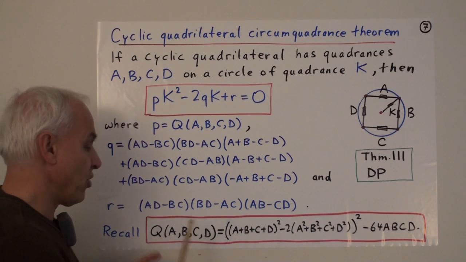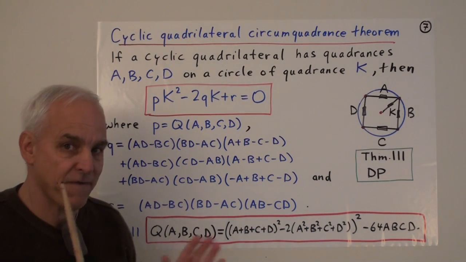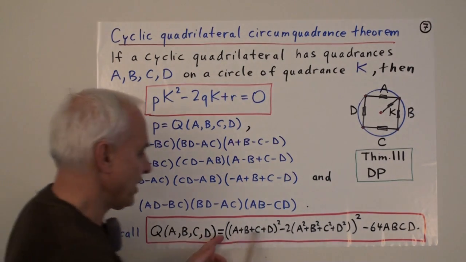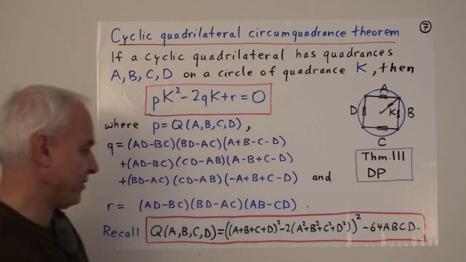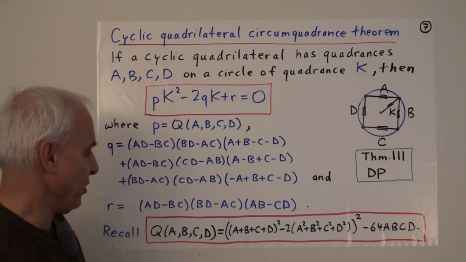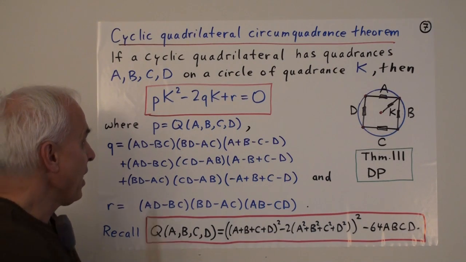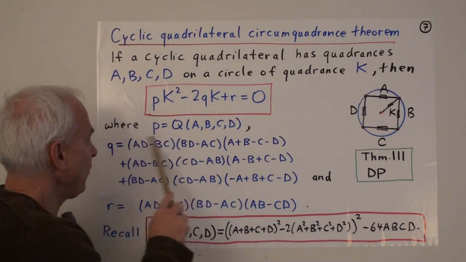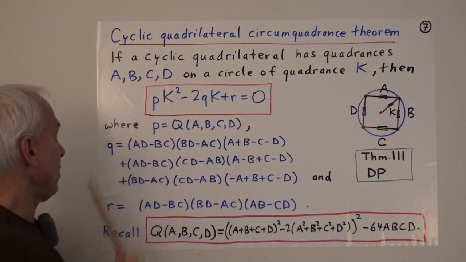where that is the quadruple quad function, the affine one, which is given by this expression. I hope you remember that, or at least that it looks familiar. The q here is this expression. It's a little bit more complicated.